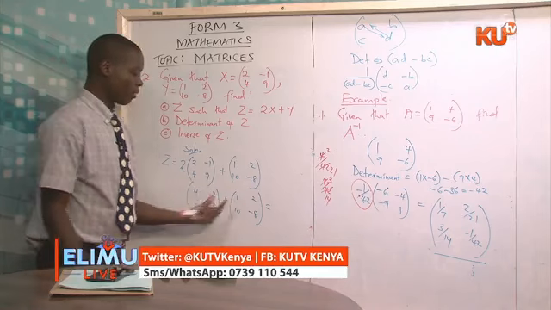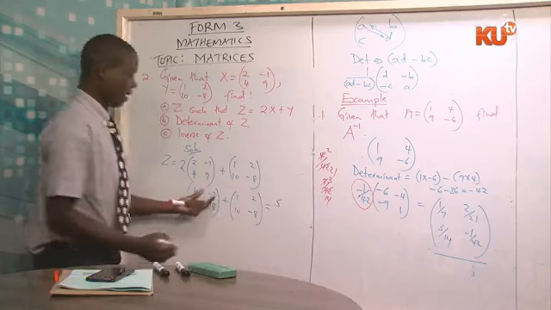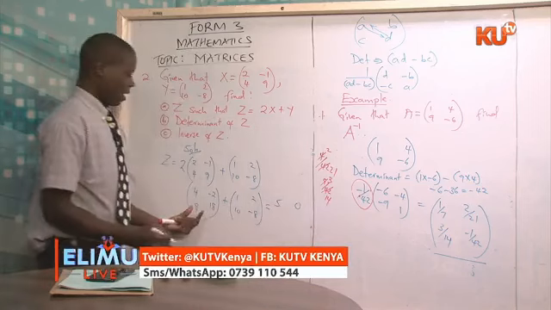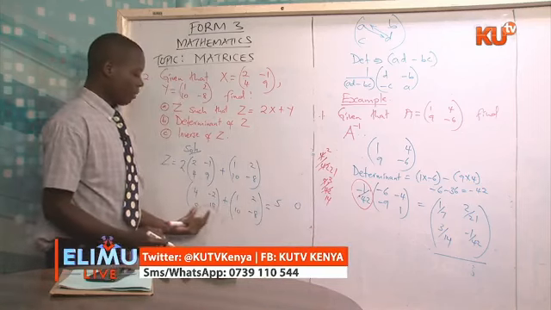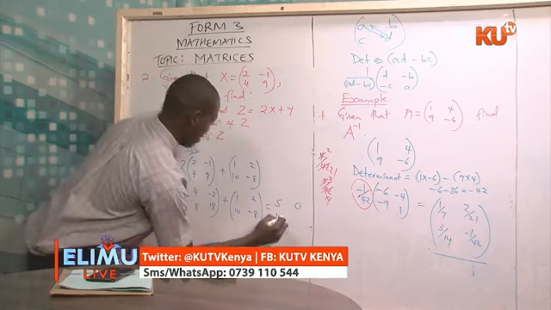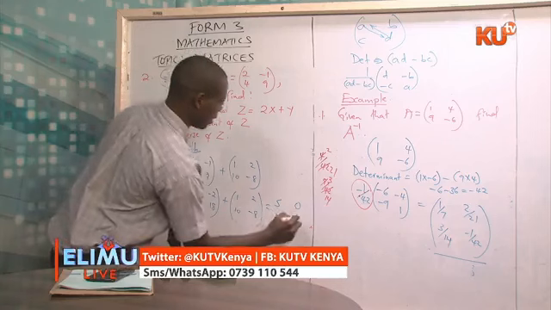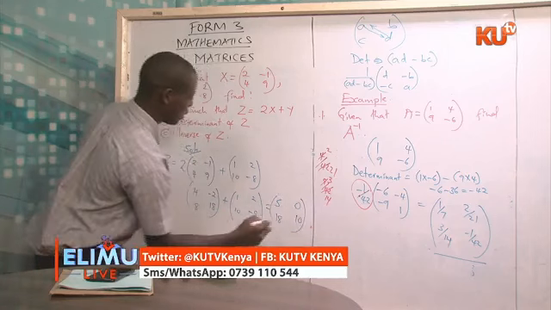So 4 plus 1 is 5, negative 2 plus 2 is 0, 8 plus 10 is 18, and 18 plus negative 8 is 10. That is our matrix Z.